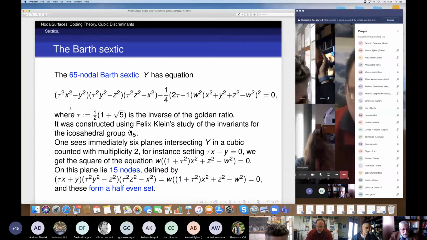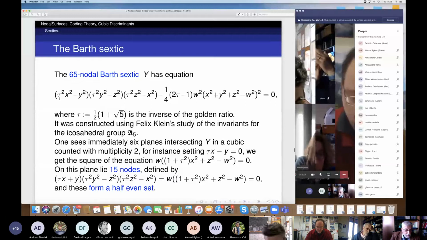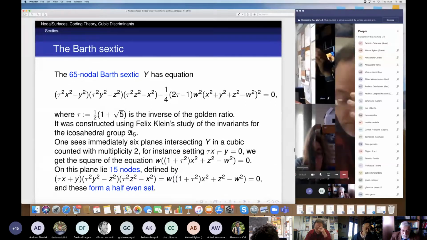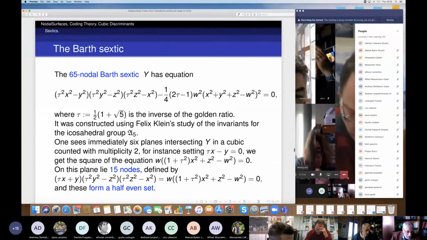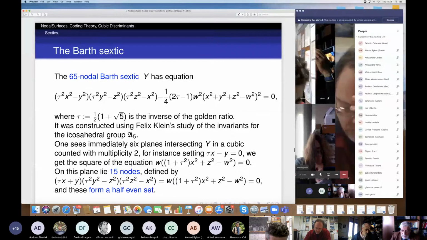Now, this equation shows something. There are 6 planes intersecting Y in a cubic counted with multiplicity 2. So if I set tau x minus y equals 0, you see that this first term vanishes. So we get this 0 set, and you see everything is a square.